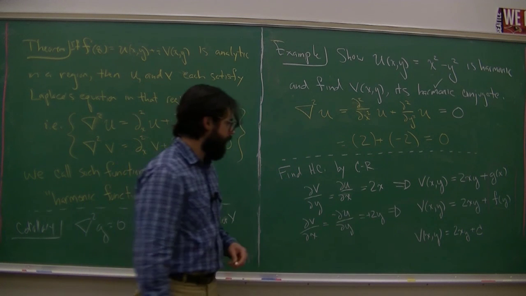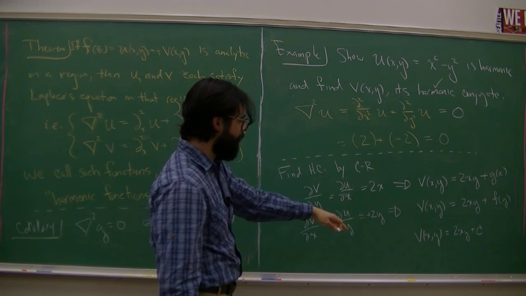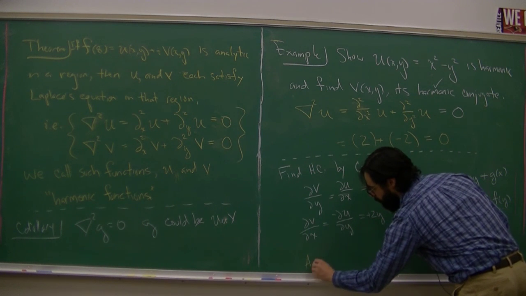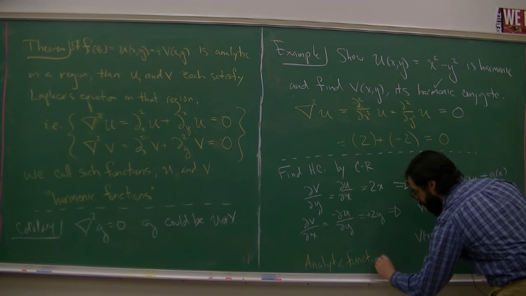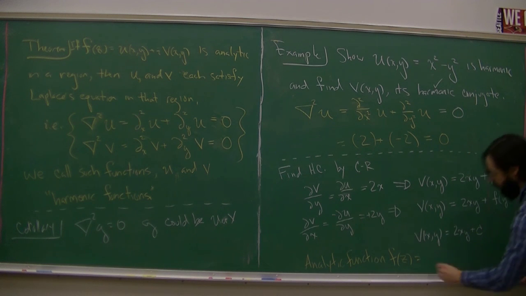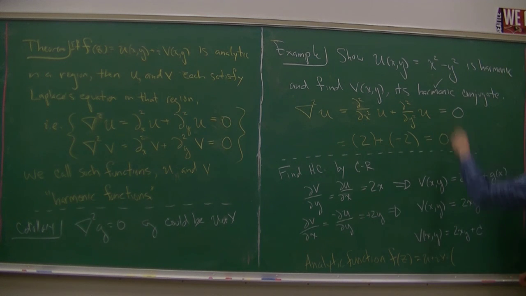Okay. And what that finally means is that we were given u, we found v, and the punchline of this is that there is an analytic function f of z equals u plus iv equals x squared minus y squared plus i times 2xy plus some potentially complex constant.